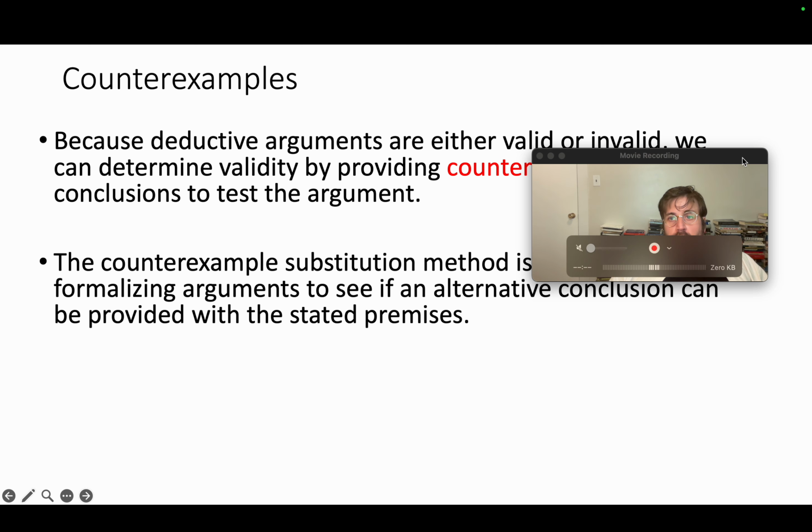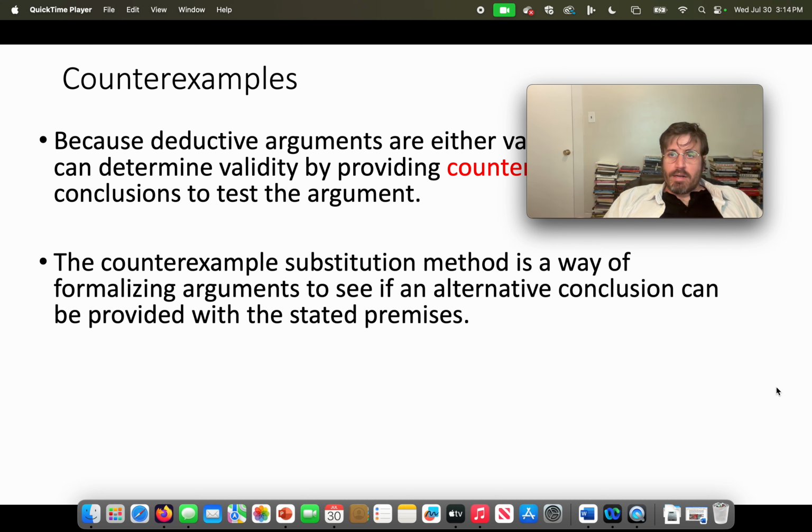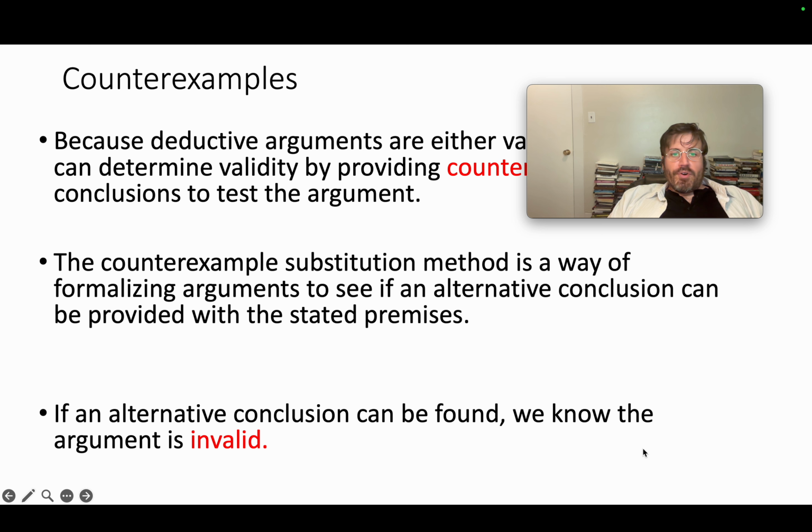The counterexample or substitution method, as I'll sometimes call it, is a way of formalizing arguments, revealing their underlying structure to see if an alternative conclusion can be provided with those premises. If an alternative conclusion can be found, we know the argument is invalid, right?